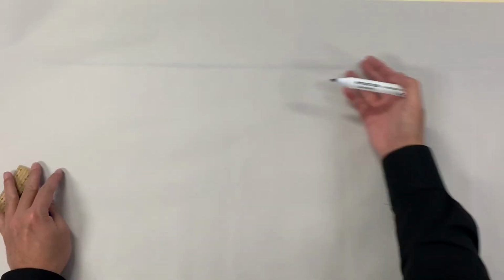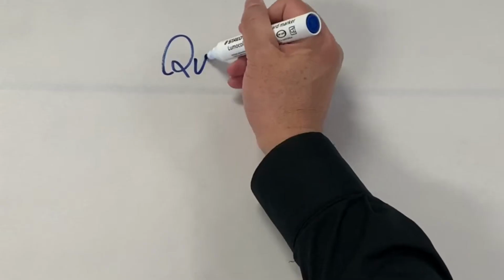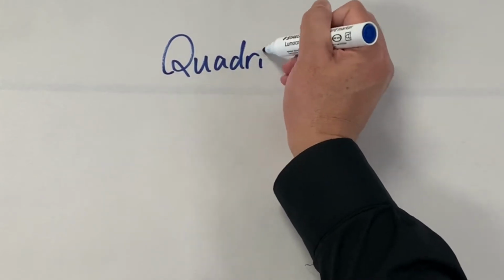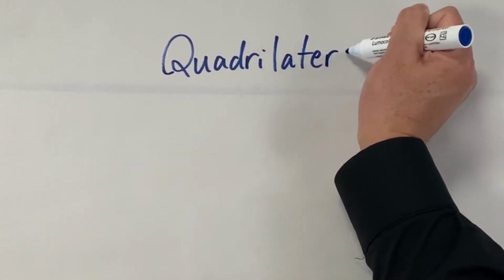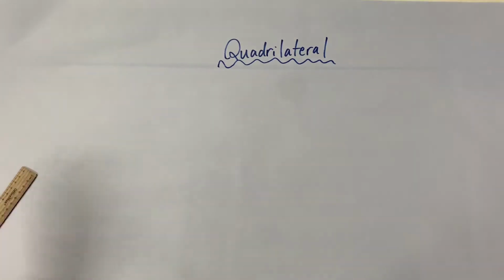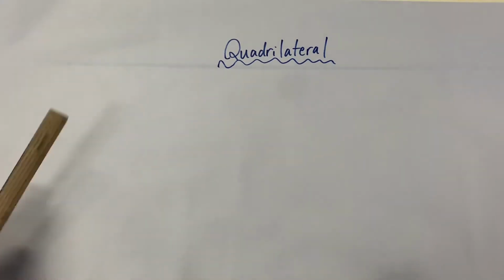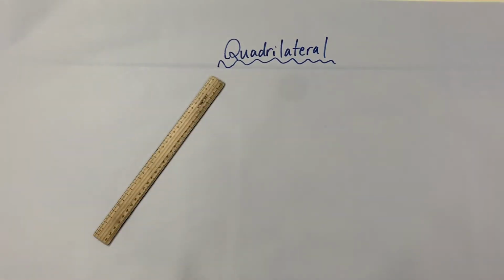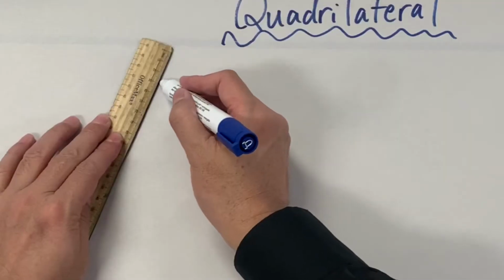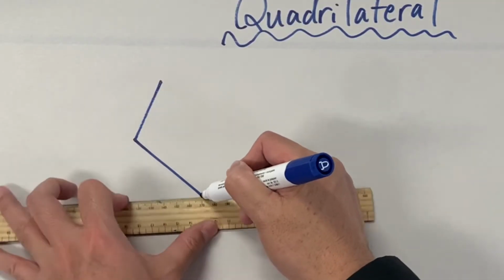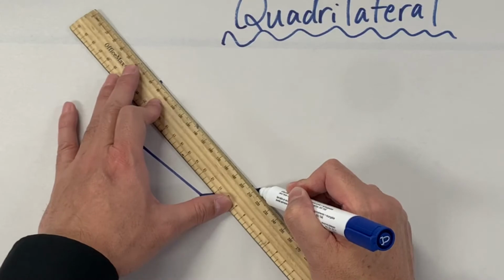Let's start working on quadrilateral. Now, so these are quadrilaterals. So let's have a look. This is a quadrilateral.